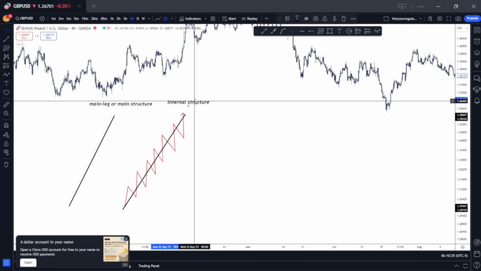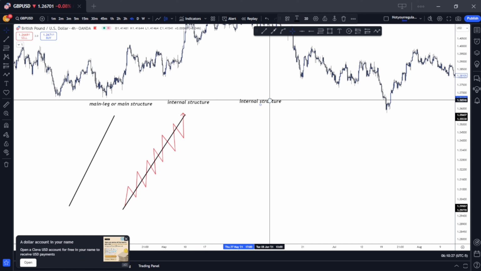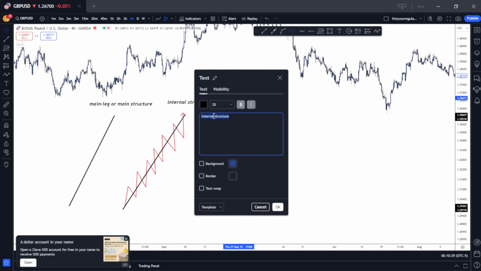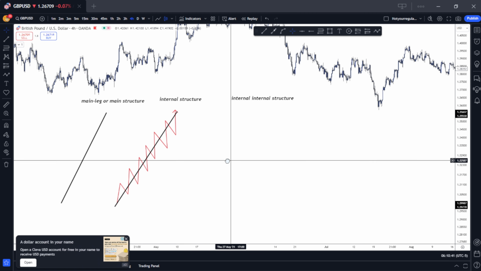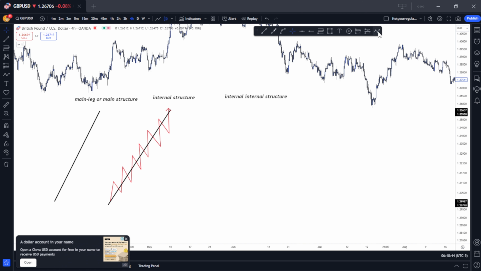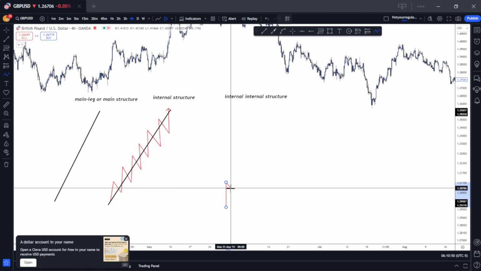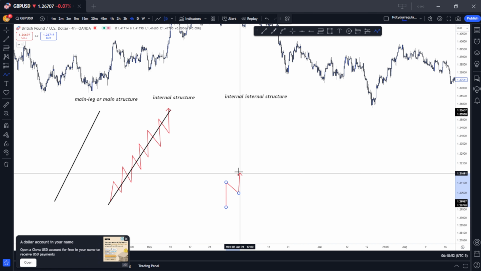And we have also an internal structure. So what is an internal structure? Let me draw that out for you. Example. So this is our internal structure.